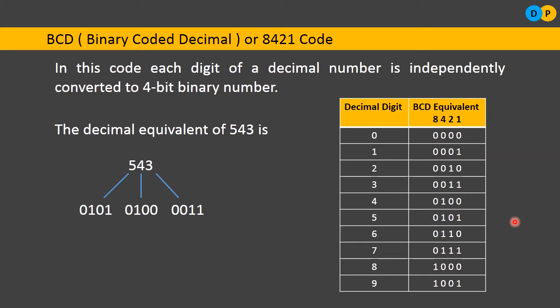Instead of representing these codes in BCD with 4 bits, they have taken 6 bits. Here we have considered only 4 bits, but in order to represent all the other alphabets, numbers and certain special symbols, they have increased the bits by 2, so 6 bits they have used.